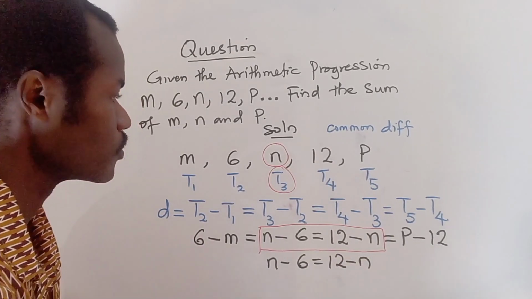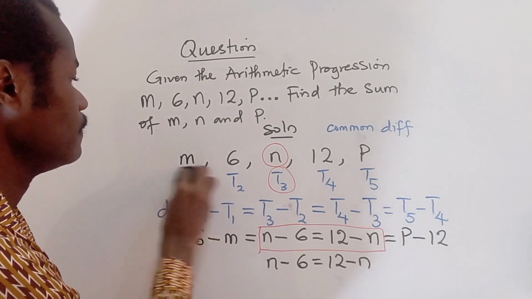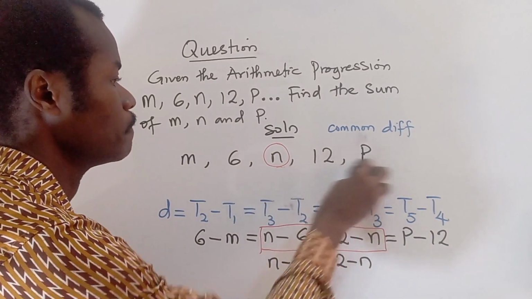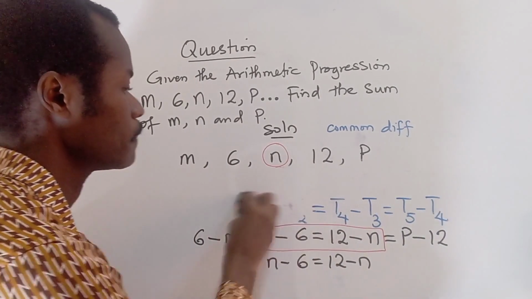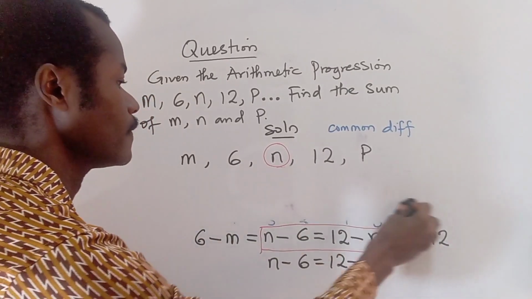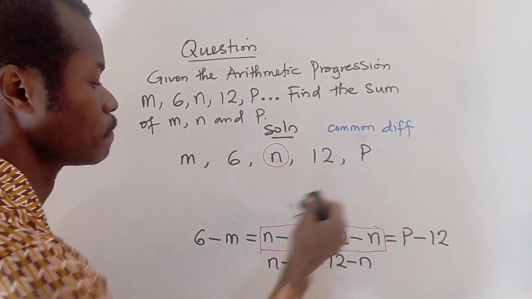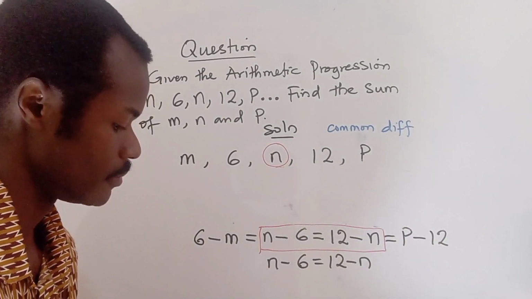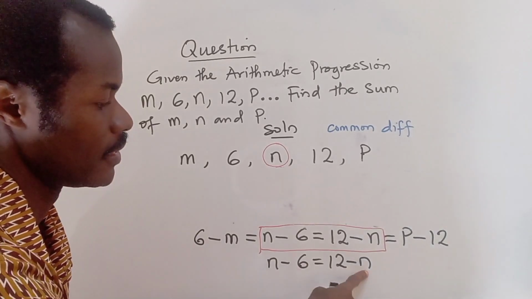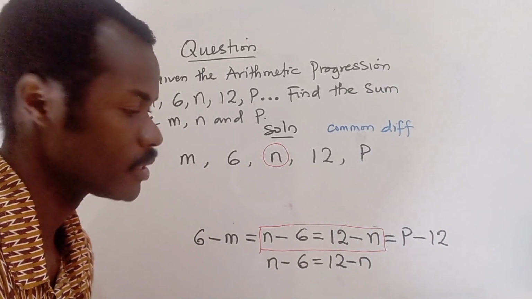Let's solve that to see what it gives us. Now we have to collect like terms. Since N is here and N is here, we keep them on one side.